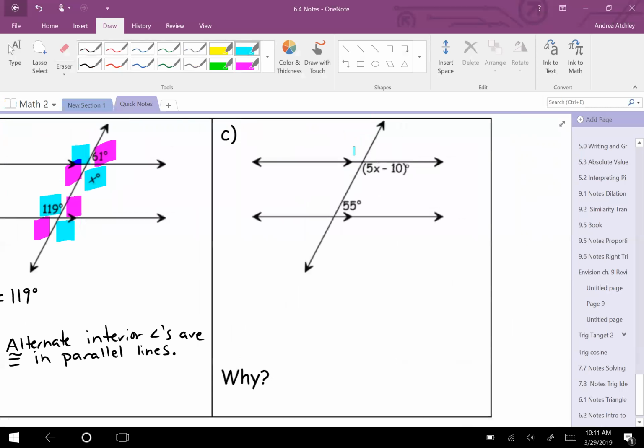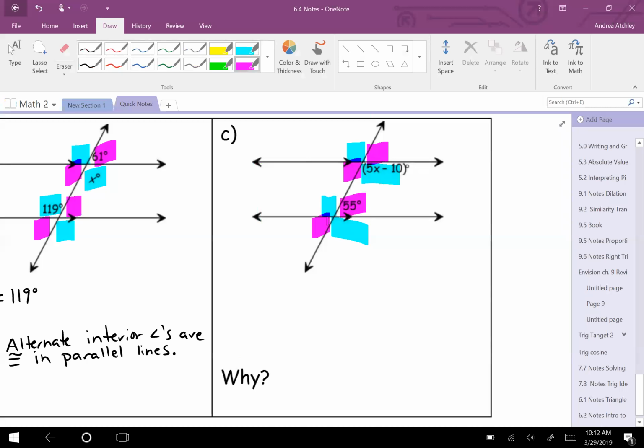Color coordinate. Okay, any ideas on how I'm going to set that equation? 5x minus 3.